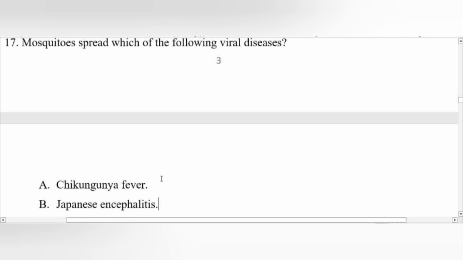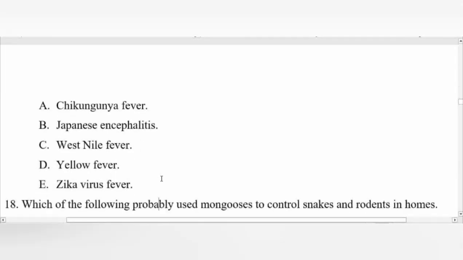Then 17. Mosquitoes spread which of the following viral diseases? This question suggests that the options are all viral diseases. Check out chikungunya fever, Japanese encephalitis, West Nile fever, yellow fever, and Zika virus fever.